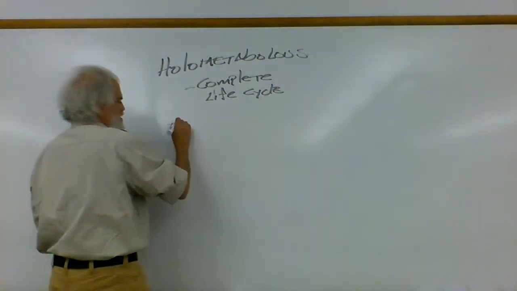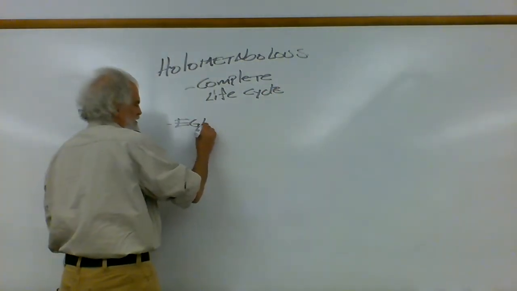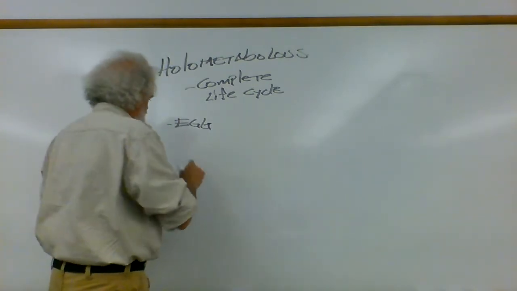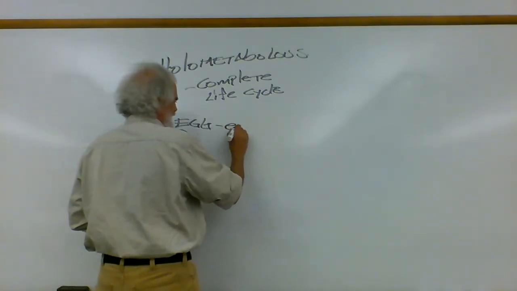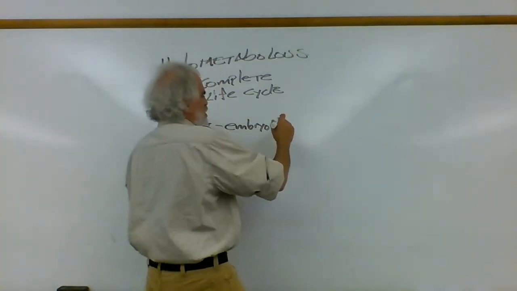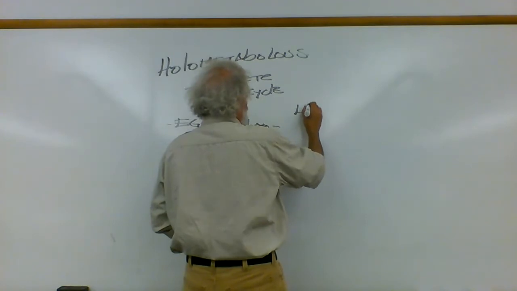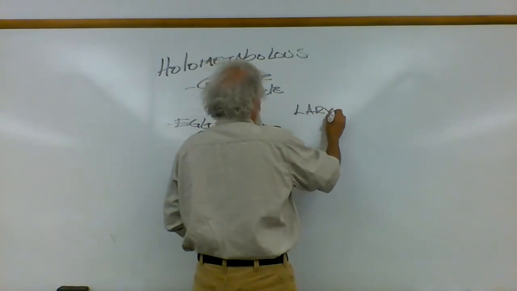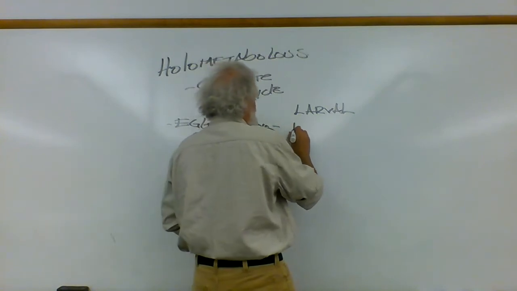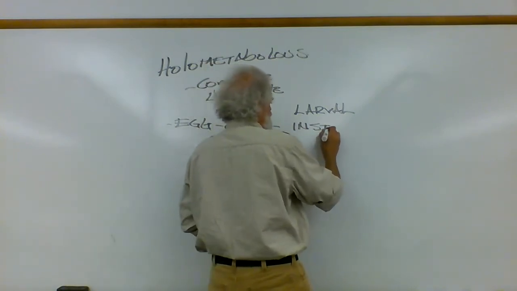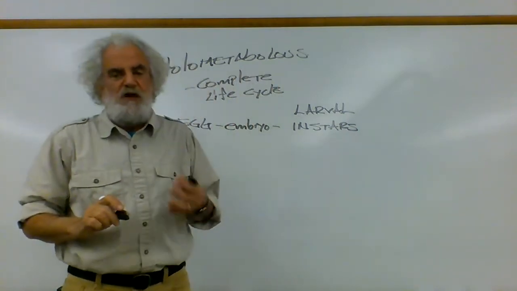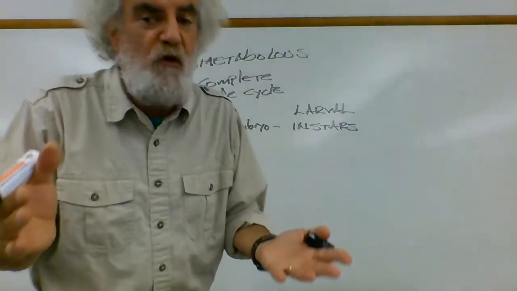That means it starts out life, as we all do, as an egg. The egg gets fertilized. We have the embryo, and then we have a series of stages that are known as the larval stages, and these are referred to as instars. Depending on the organism, there may be 3 or 4 instars.